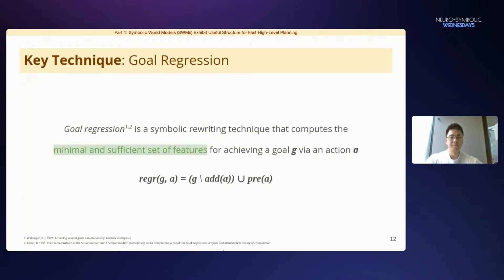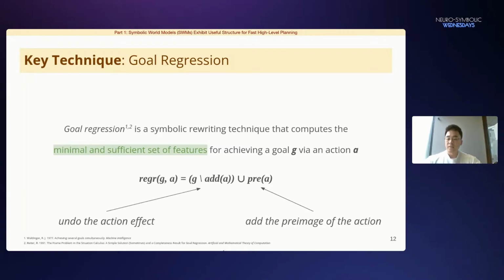We can view this minimal and sufficient set of features analogously to attention in transformers, where we want to find only features that are relevant for the task at hand. And here we define the regression operator for symbolic world models.